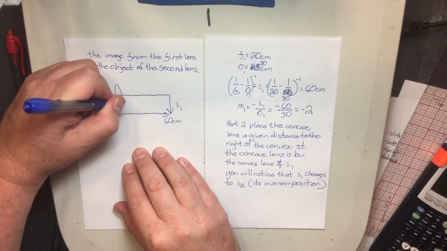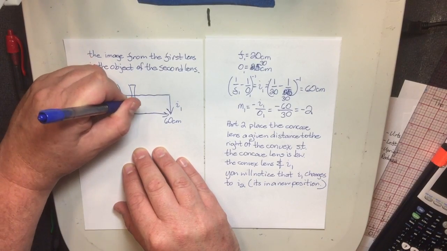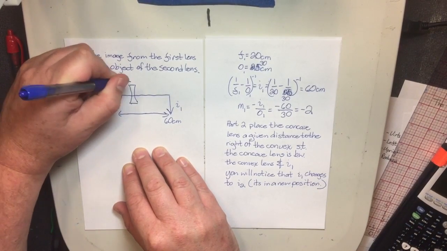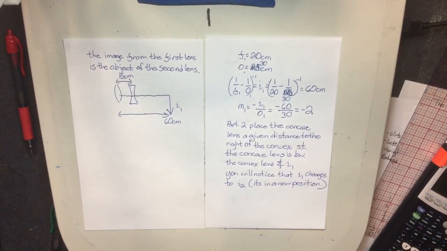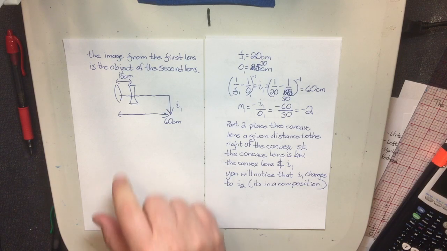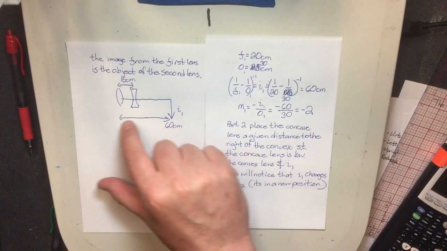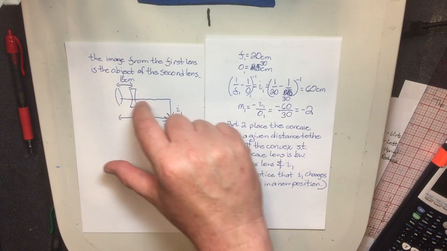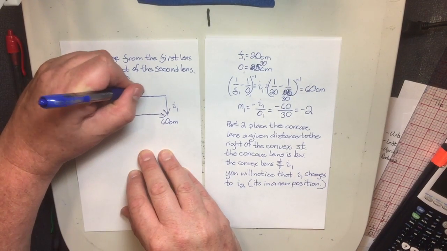I'm going to pick that the concave lens is 15 centimeters to the right of the convex. So if this distance is 15 and that distance is 60, what is that distance here? 45. So this distance is 45.